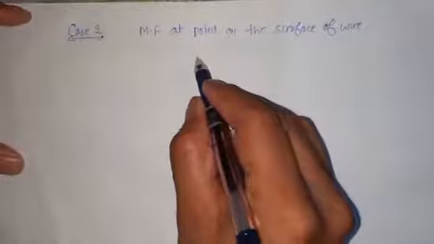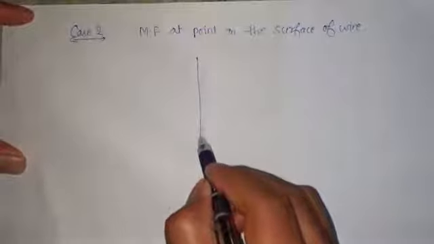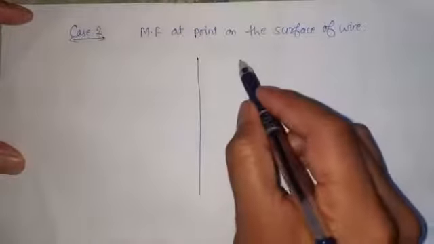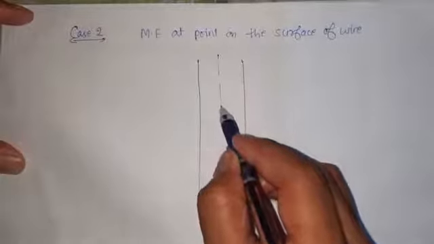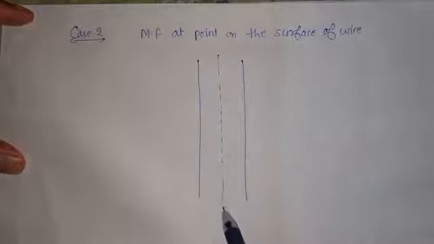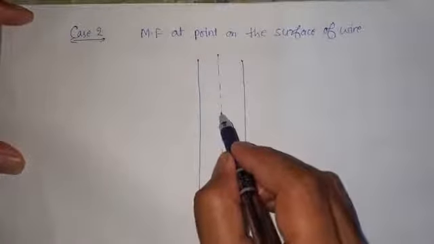For this purpose, as we are having this wire, it is actually a cylindrical shaped wire, and here is the axis, the center of this wire. So we are supposing from this center that the point is going to lie at this point, which is P1.